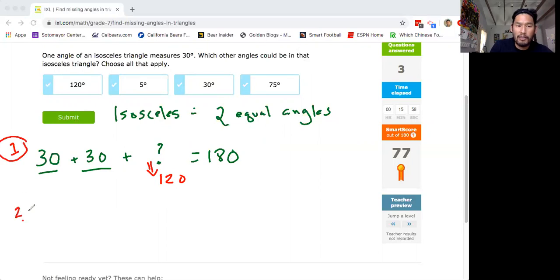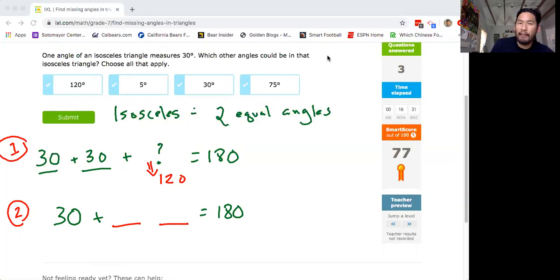And then the second possibility is the 30-degree angle is the angle that is different from the other two. So 30 plus two other angles that are the same equals 180. In which case 180 minus 30 is 150.